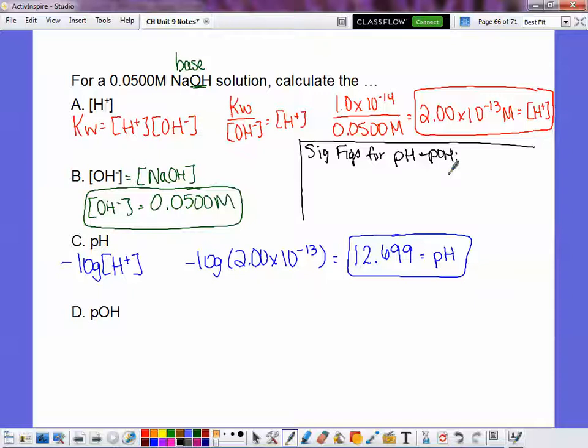So since my 2.00 times 10 to the negative 13 had 3 sig figs, I needed to have 3 numbers after the decimal point. The numbers that come before the decimal point are there, but they don't count for significant figures. Okay? The digits after the decimal are the significant figures.